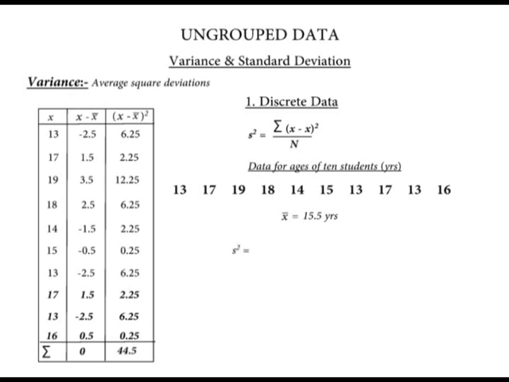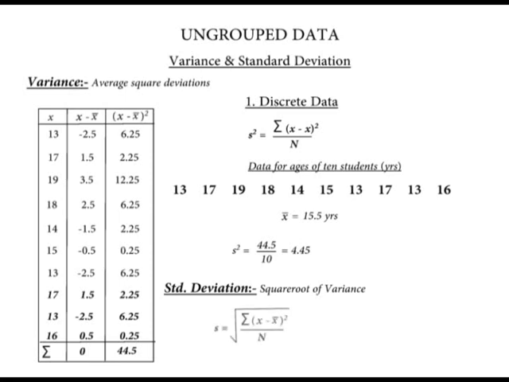And so variance is equal to 44.5 over 10, which gives us 4.45. The standard deviation is the square root of variance. That is, standard deviation is equal to the square root of the summation of x minus x bar squared over n. So in this case, our standard deviation will be the square root of 4.45.